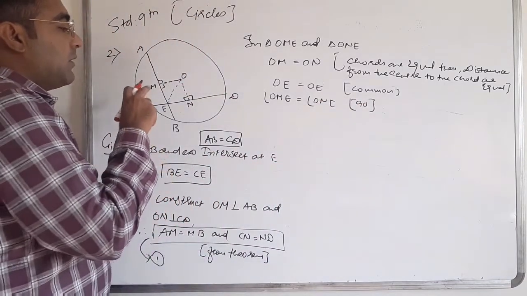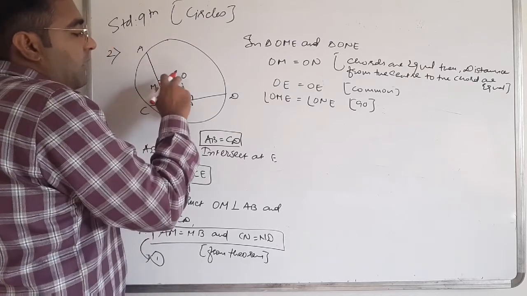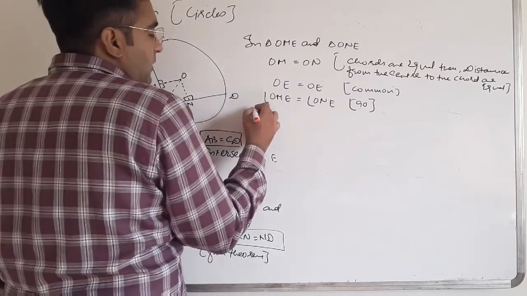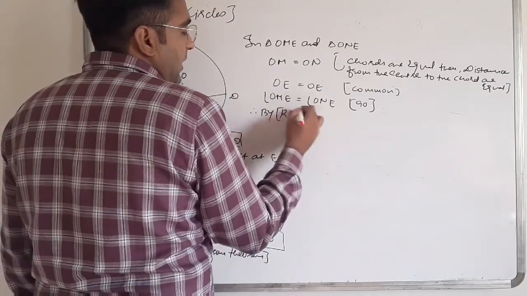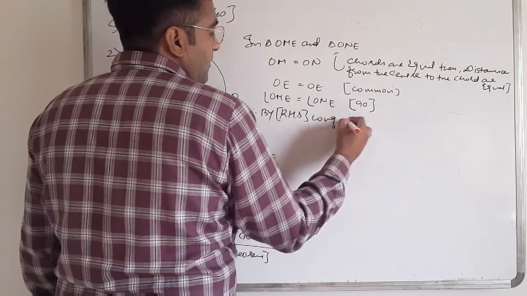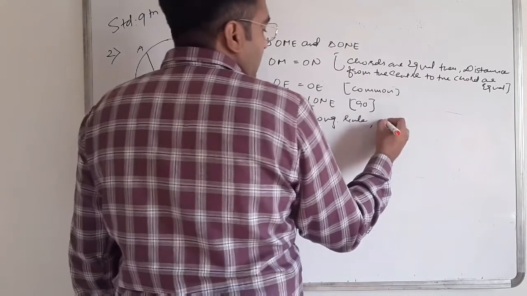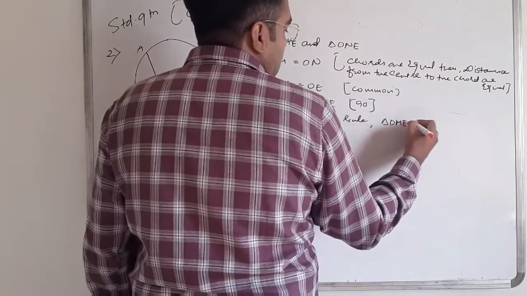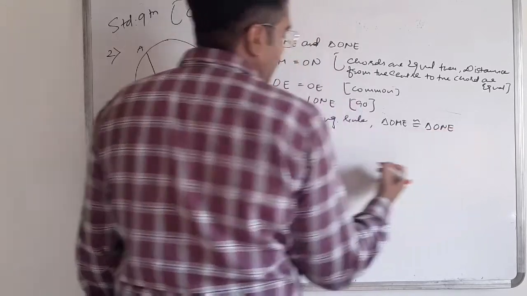So by the RHS congruency rule, right angle, hypotenuse and side, triangle OME is congruent to triangle ONE.